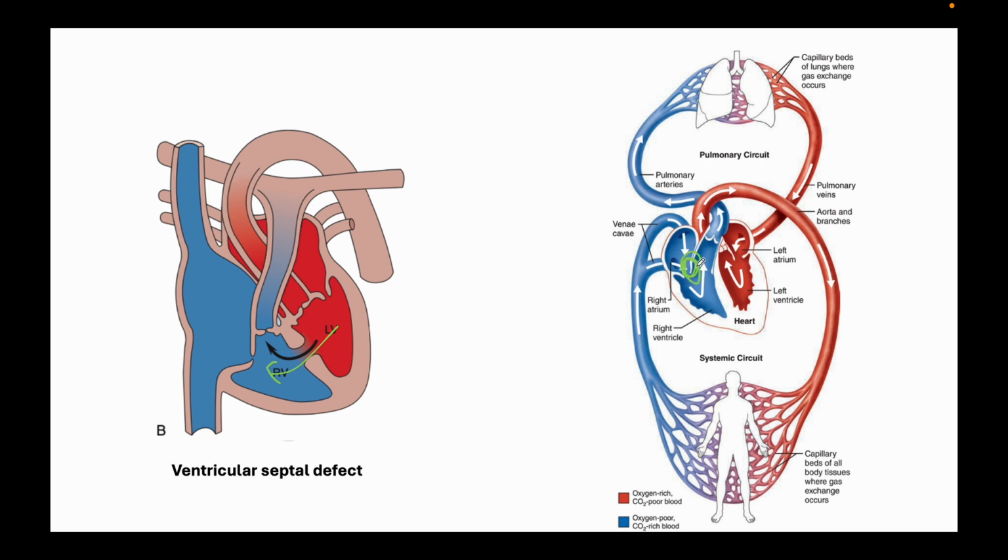Both enter the pulmonary circulation, get gas exchange in the lungs, and then oxygenated blood leaves the pulmonary veins and is distributed to the rest of the body. Now, this condition is acyanotic because the deoxygenated blood doesn't enter the systemic system.